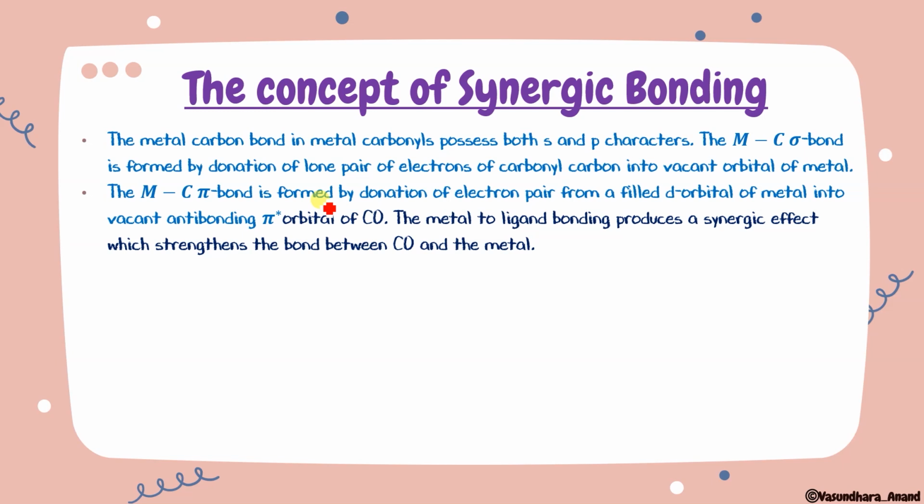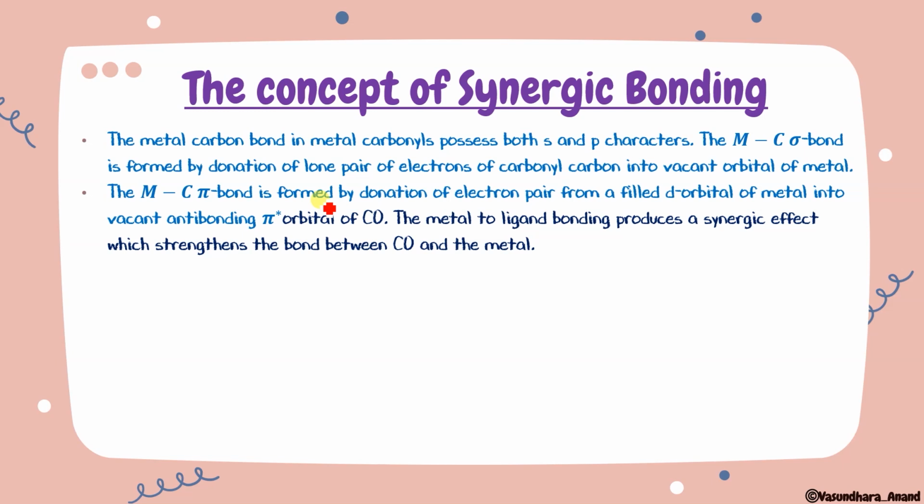Carbonyl compound acts as a ligand, and it strengthens the bond between the carbonyl and the metal. This is the important point of the synergic bond, and that effect is known as the synergic effect.